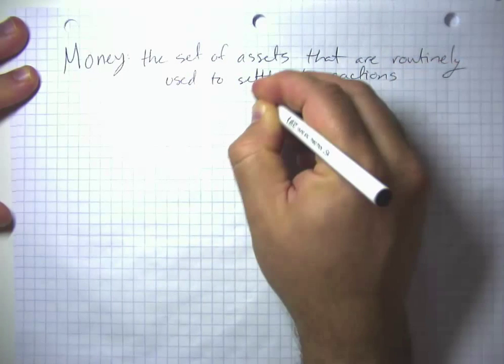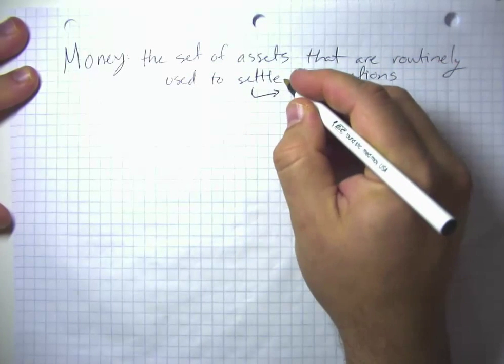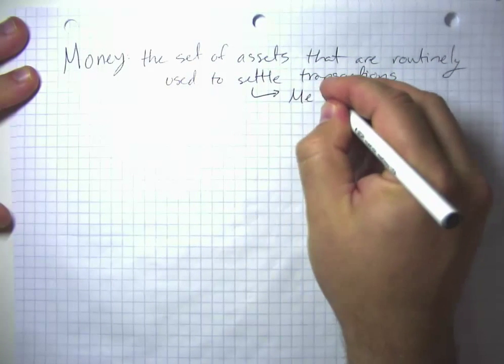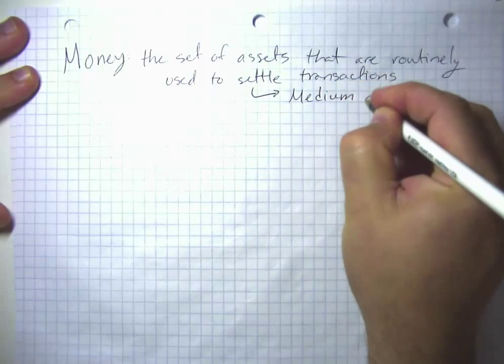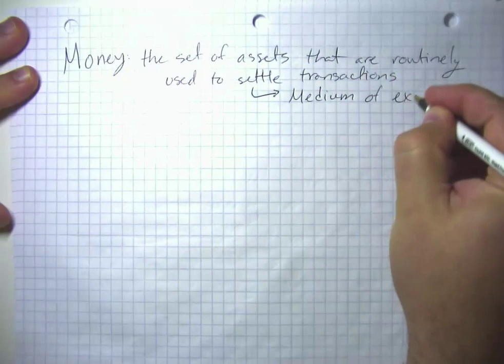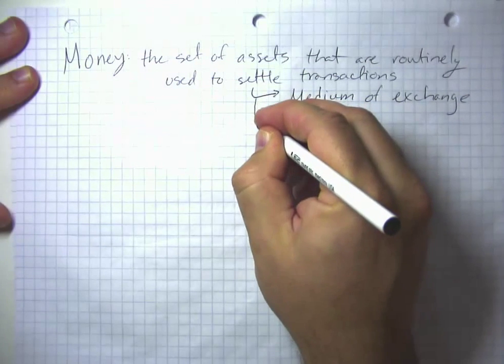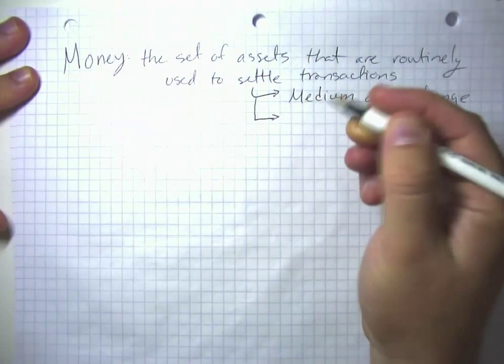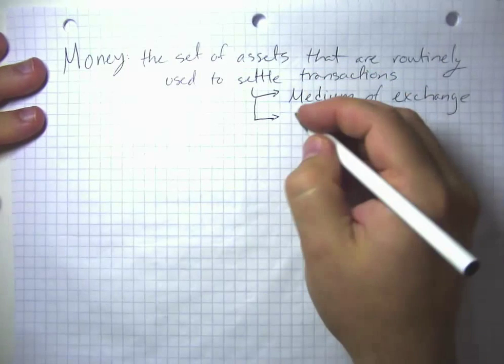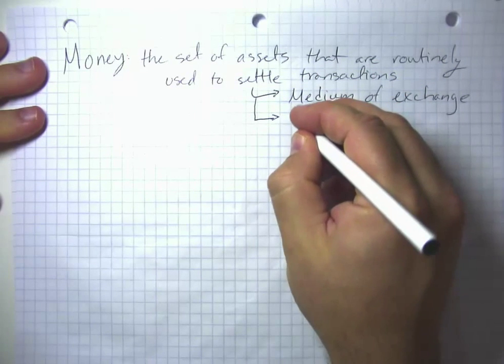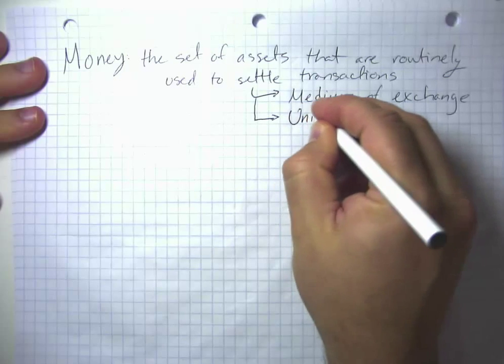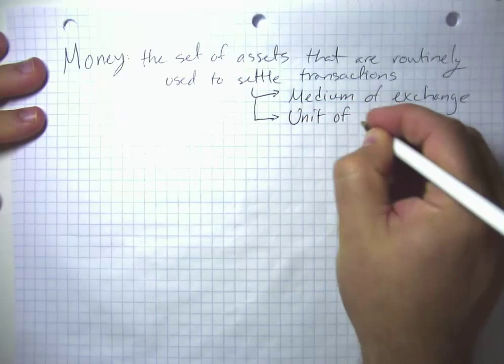And this gets at what's called the first purpose of money, which is that money is a medium of exchange. It's how people do exchanges. But a little bit more subtly, because we're so used to it, money also serves two different purposes. It's what's called the unit of account.